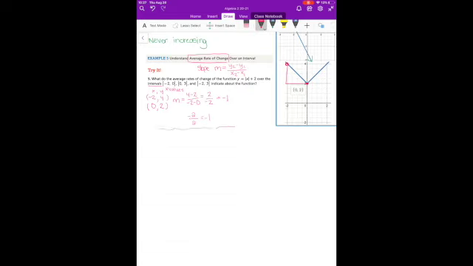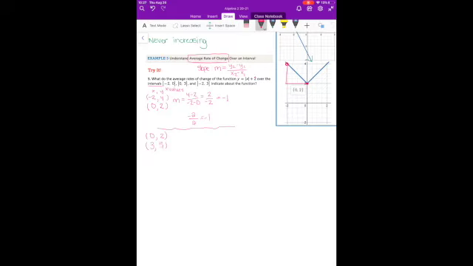Let's keep looking here. 0 to 3. So the x values are 0 and 3. So at 0, y is 2. We already talked about that. At 3, I cut off the graph. If you're on Desmos, you can go look at the graph. Absolute value of 3 is 3 plus 2 is 5.